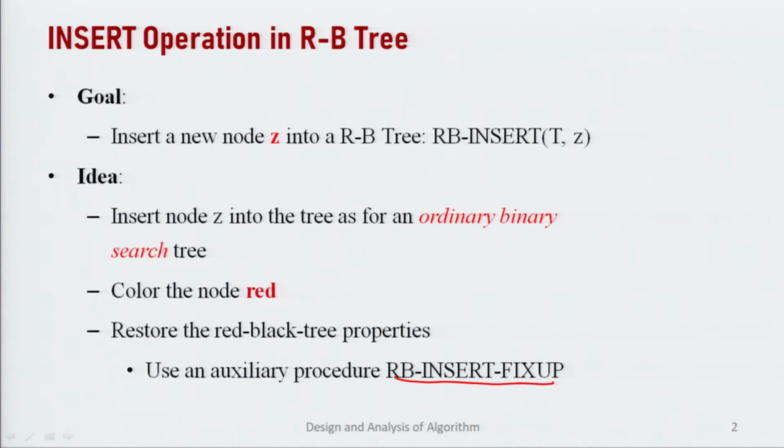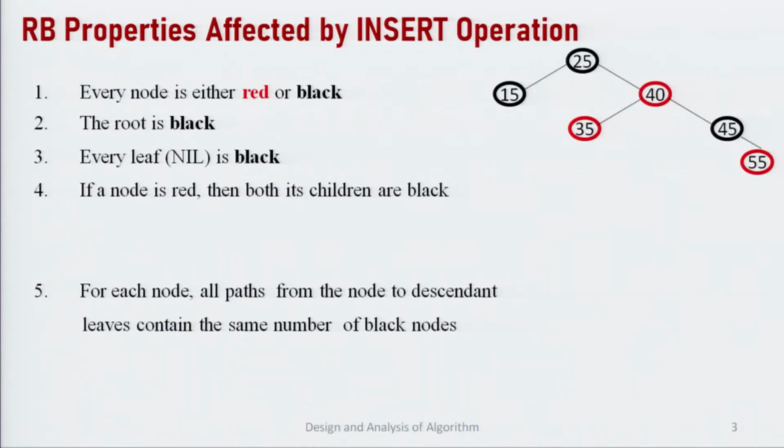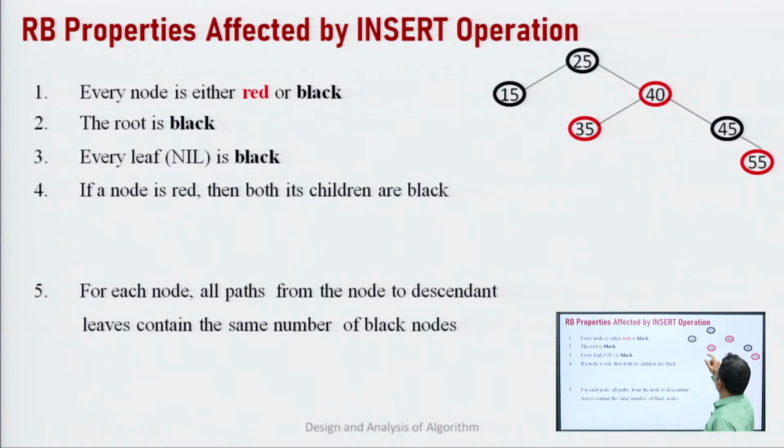Suppose this is a red black tree and you want to insert the node 33. First we use the binary search tree property to insert this new node Z. It is compared with 25 and is greater, so it goes into the right subtree. Then it is compared with 40 and is less, so it goes into the left subtree.